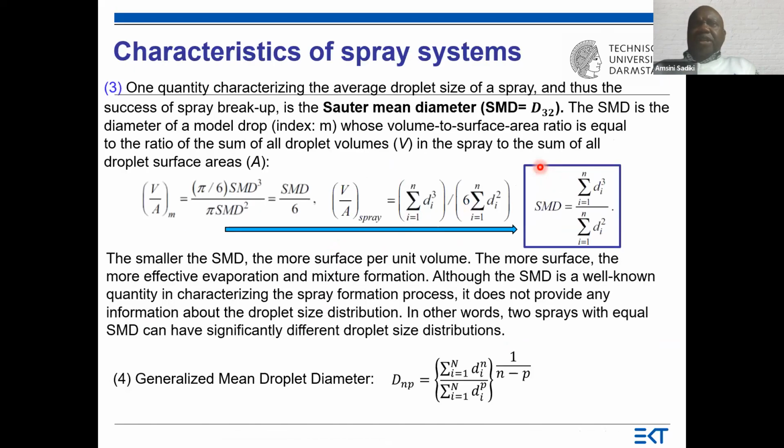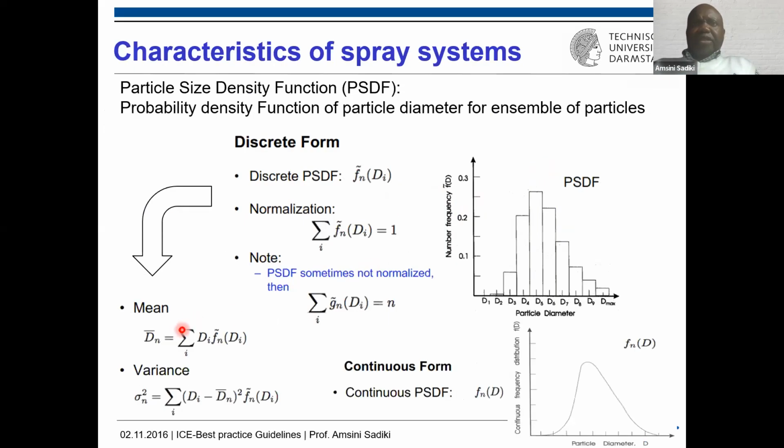Yes, it was the mean. We obtain it in this form. And for the variance, it is exactly what we know: we have the moment value minus the mean value squared, multiplied by the particle size density function.